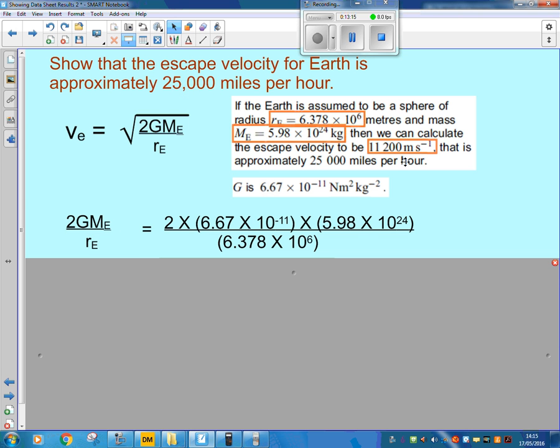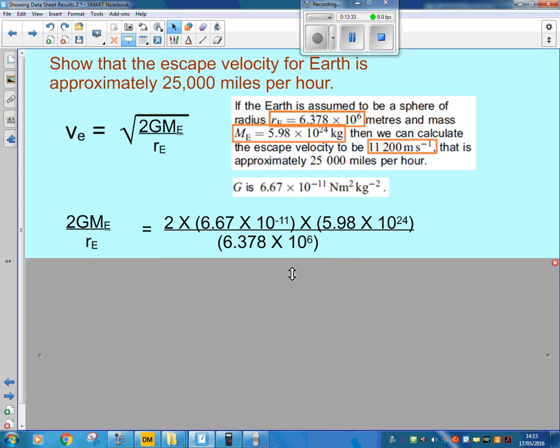So all I've done is slot the numbers in. I always prefer to simplify these things a little bit first. You can put it straight into the calculator, but with the indices, it will save you time if you simplify the powers of 10 first.